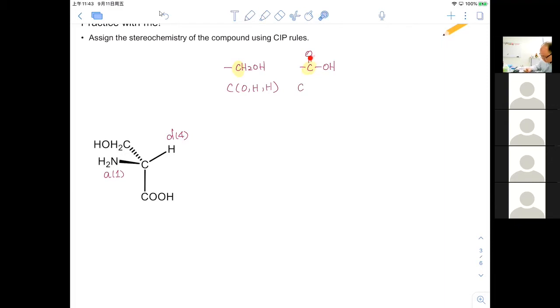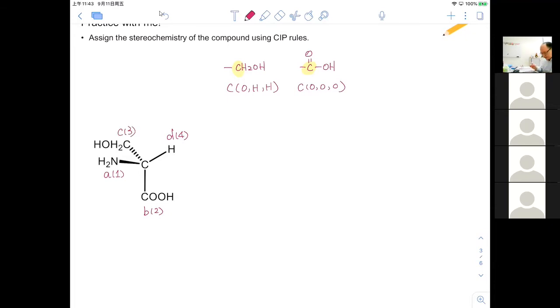So this one counts as 2 O, this one counts 1 O, so 3 O. That means the carboxylic acid should be a higher order substituent here, right? So it's lower than the nitrogen, but it's next highest. So carboxylic acid is B. Then this CH2OH should be C.